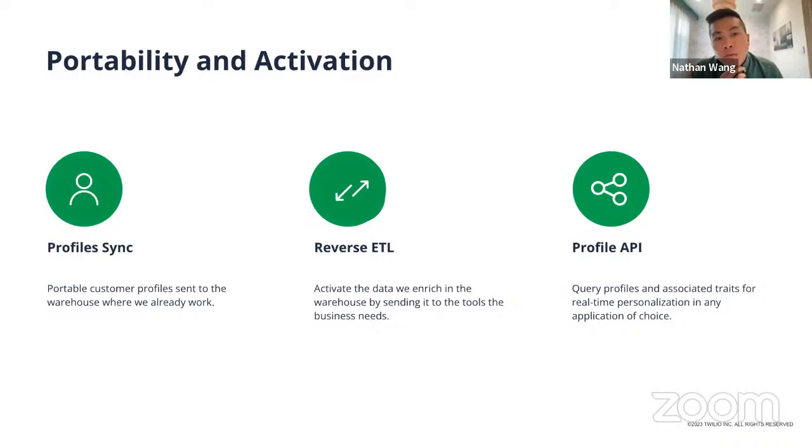Segment Unify also comes with really cool portability and activation features that solve a lot of the pain points that I had experienced in the DIY build. First, profile sync, a feature we have, actually sends the identity-resolved profiles to the data warehouse.